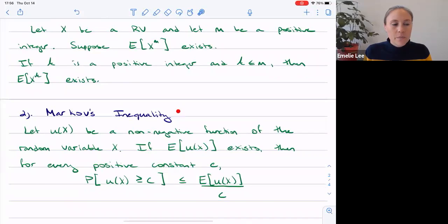Markov's inequality. If we let u of x be some non-negative function of the random variable x, then if the expectation of the function u of x exists, then as a rule, for every positive constant c, the probability that u of x is greater than or equal to c is less than or equal to the expected value of u of x over c.